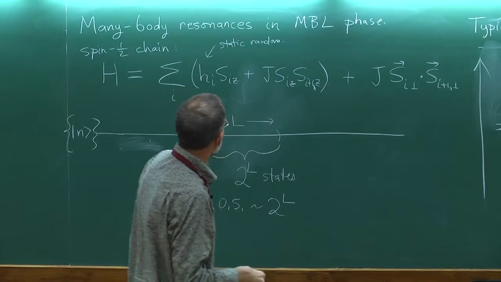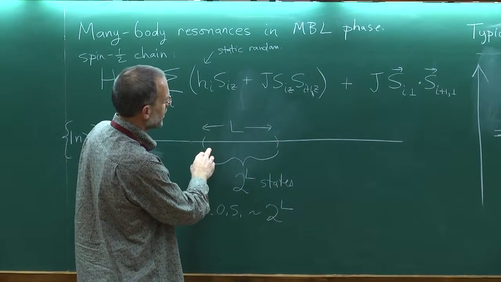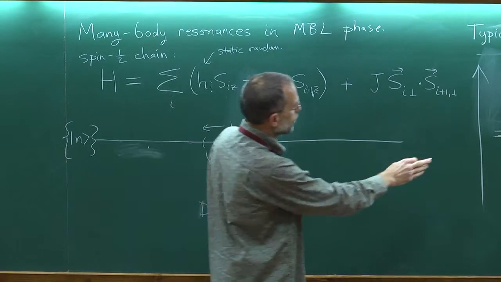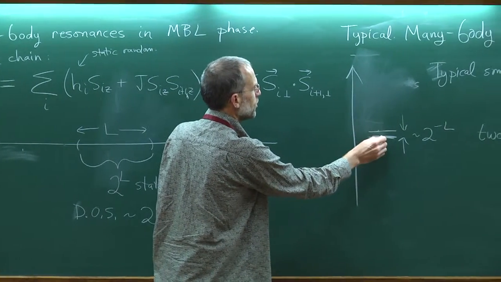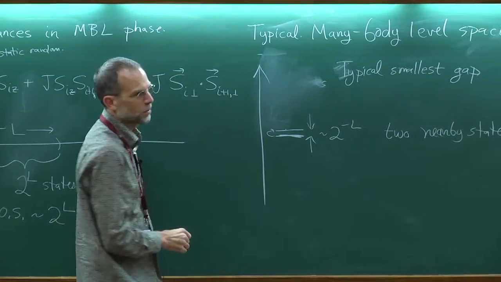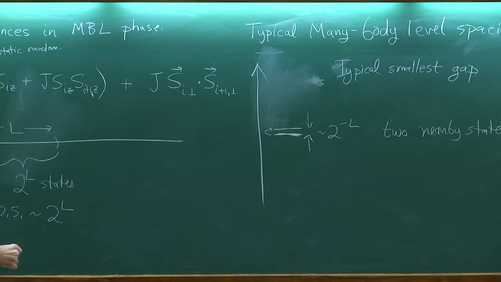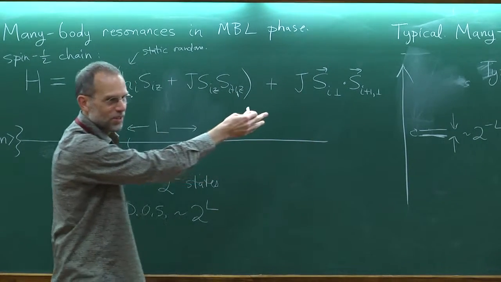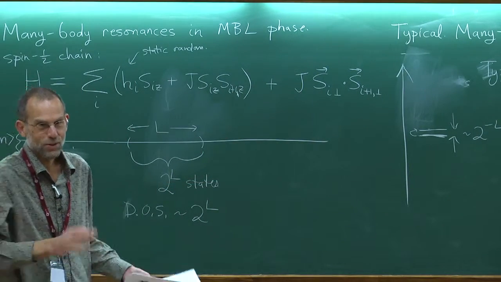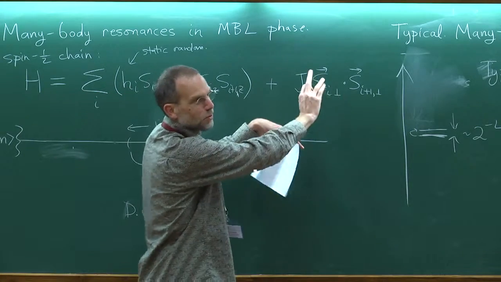Okay, so now if I ask, when I do the perturbation theory, what's the effective matrix element for a hopping from this state to this state, I'm not going to get that at first order in perturbation theory, because first order is just going to flip 2 spins.